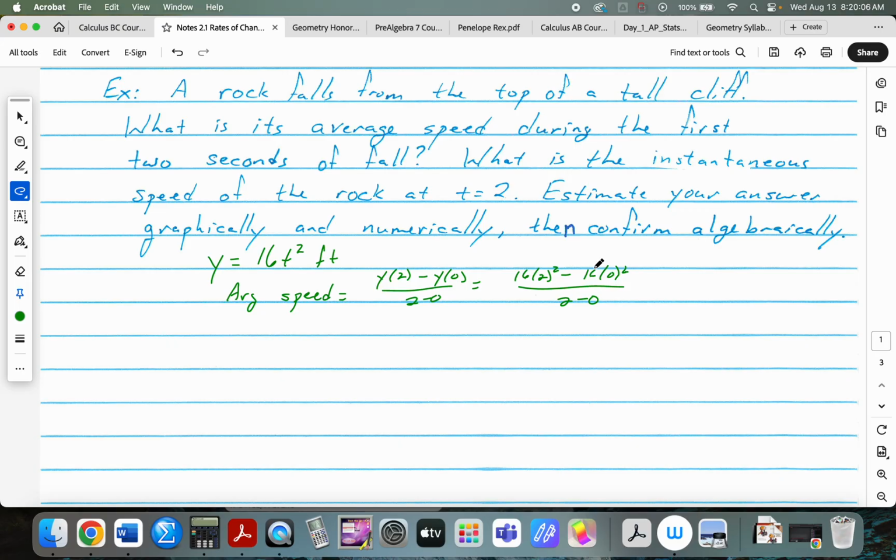All right. So 16 times 4 is 64. Minus nothing is going to be 64 over 2. This is 32 feet per second.